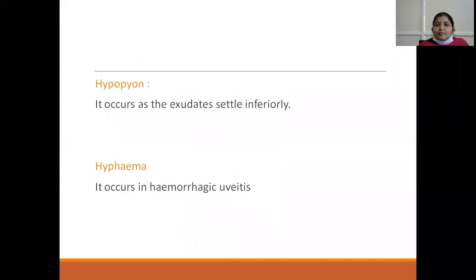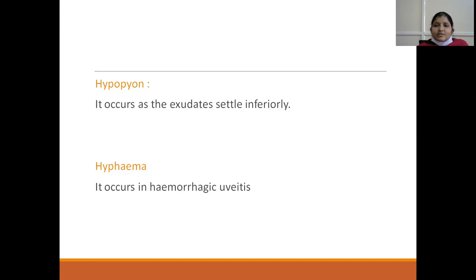Next, coming to hypopyon. So what is hypopyon? It is pus in the anterior chamber. Because of outpouring of the exudates, when there is extensive outpouring, they get settled inferiorly. So what are the various types of hypopyon? Dense, thick hypopyon can be present in cases of endophthalmitis or in CMV uveitis.